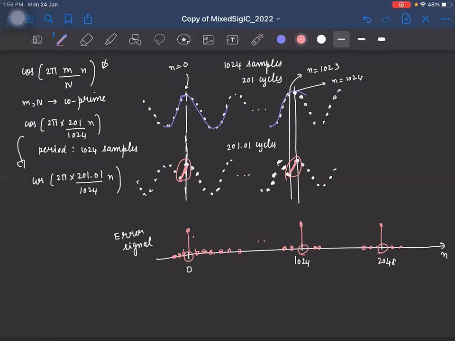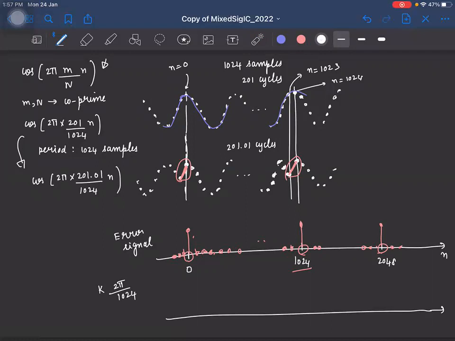Now since this is a periodic signal with a period of 1024, in the frequency domain, if you look at the spectrum, it will contain frequencies which are multiples of the fundamental frequency. 2 pi by 1024 is the fundamental frequency, and it will contain only harmonics of that signal.